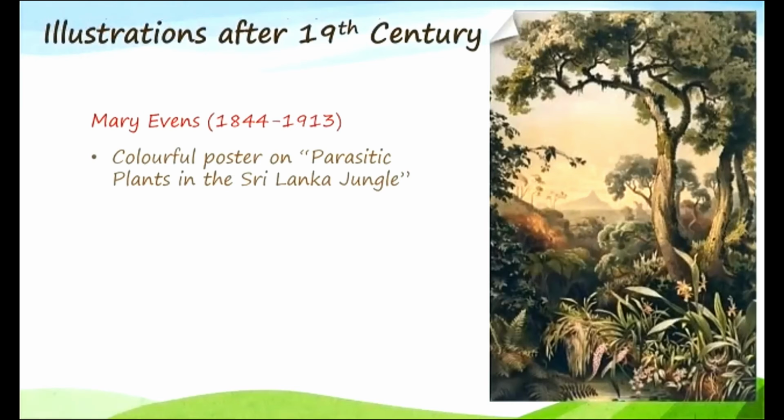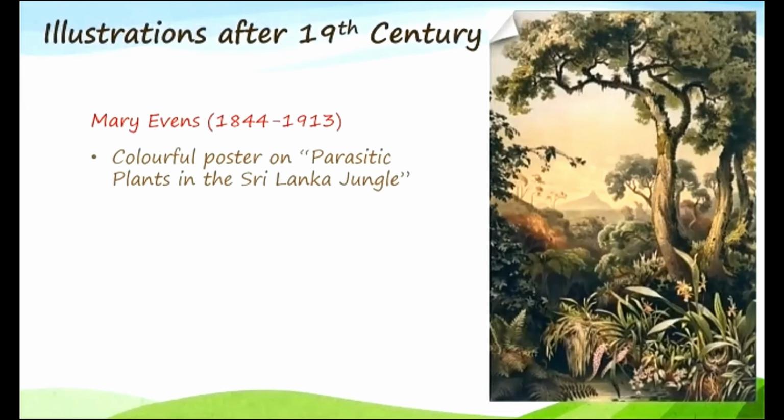And that is about the time period before the 19th century. After the 19th century also there are some illustrative works we can see in our history, but it is not very abundant like in previous years. Actually, after the 19th century, Mary Evans, another botanical artist, did a poster on parasitic plants in the Sri Lankan jungle.